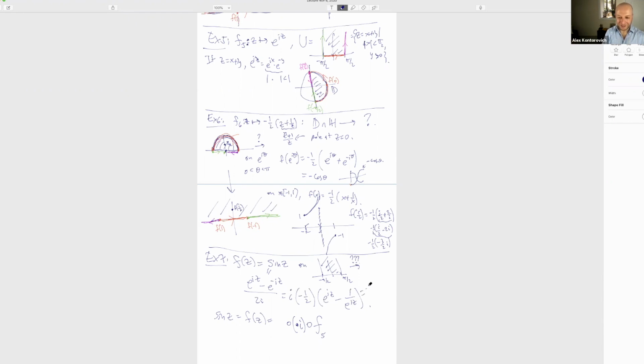Let's put this as negative 1/2 times i e to the iz plus 1 over i e to the iz. Does everybody see that? So I multiply by i, and now I have i e to the iz, and then I apply negative 1/2 times z plus 1 over z to i e to the iz. So that's f6.